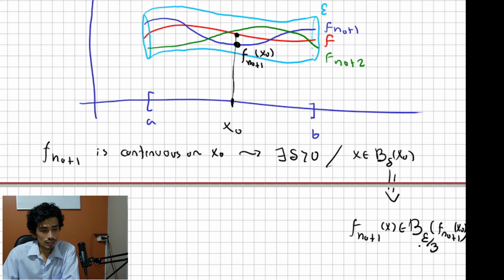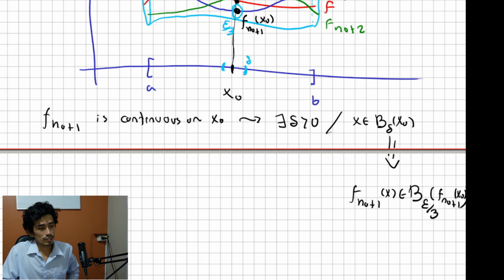So we are using a smaller neighborhood, because we will see why. There's an epsilon divided by 3 neighborhood here, and this is our delta neighborhood here. Everything in this neighborhood is mapped to this small neighborhood.